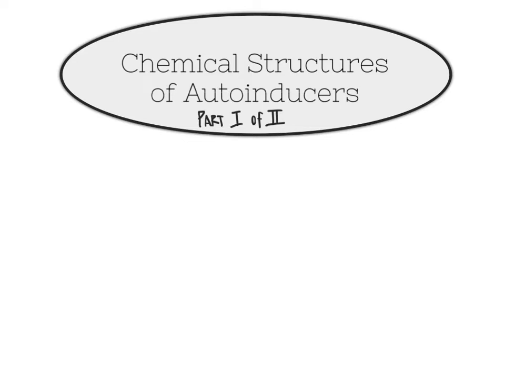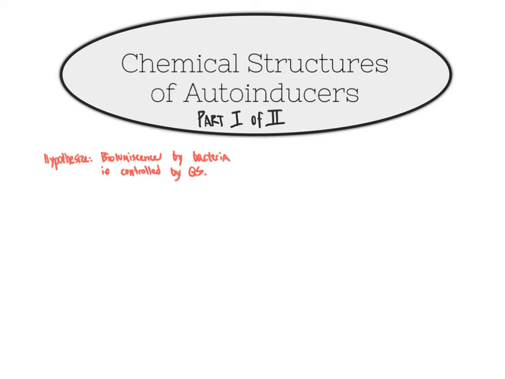For example, we could hypothesize that bioluminescence, the emission of light by bacteria, a particular bacterium under study, is controlled by quorum sensing. And when we say it's controlled by quorum sensing, what we're saying is that the bacteria are releasing some small molecule autoinducer, and once that autoinducer reaches a certain concentration, it triggers the bacteria to begin emitting light.